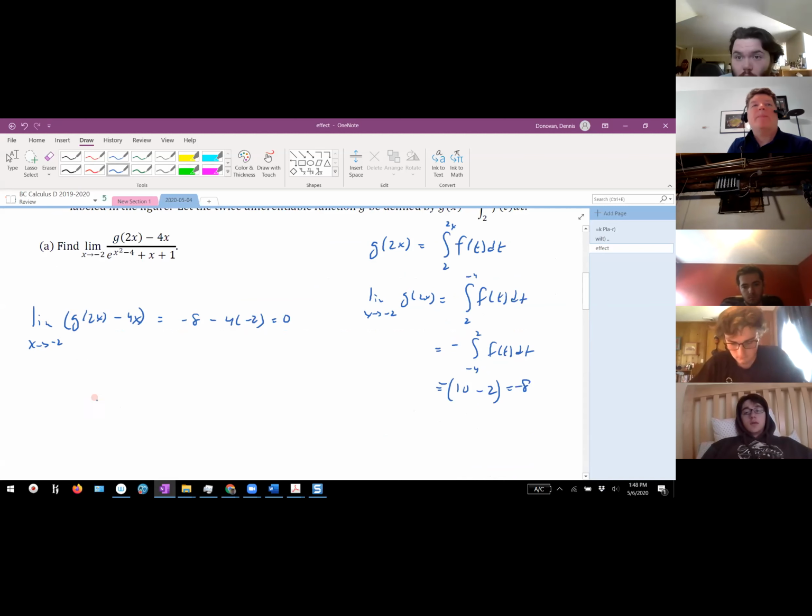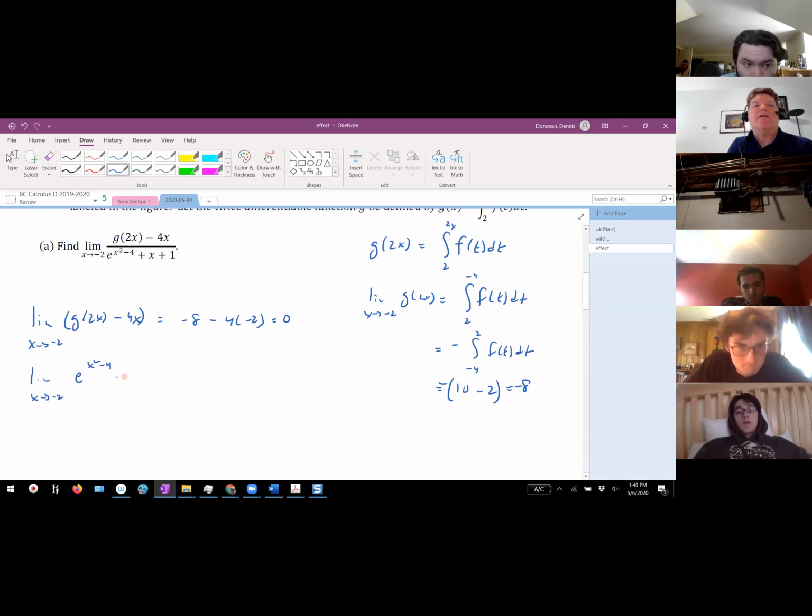Okay. And then I have to find the limit as x approaches -2 of e to the x squared minus 4 plus x plus 1. And what does that equal?